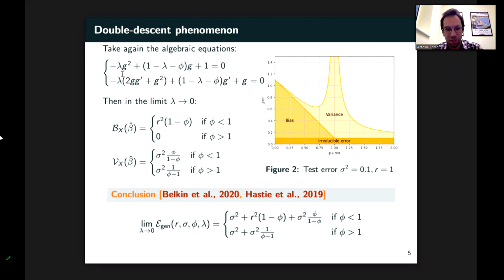And here, for instance, you can see that depending on the aspect ratio of your matrix, so again, your data matrix is of size n over d, so n samples, dimension d. What you can calculate is that your bias term will be 0 above a certain threshold, and your variance term has some sort of exploding regime at the location phi equals 1.